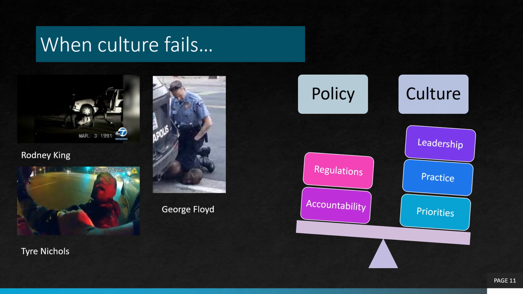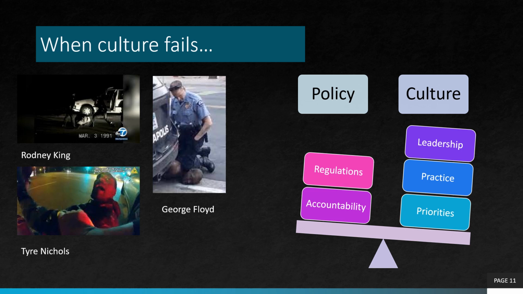So in the Rodney King example, the Los Angeles Police Department back in the 90s, was there strong leadership? Were they actively practicing treating all citizens with respect and dignity? Was that their priority? You have to question that. If the culture of the agency was practicing treating every citizen contact with a high degree of dignity and humanity and respect, would the events of Rodney King have happened?